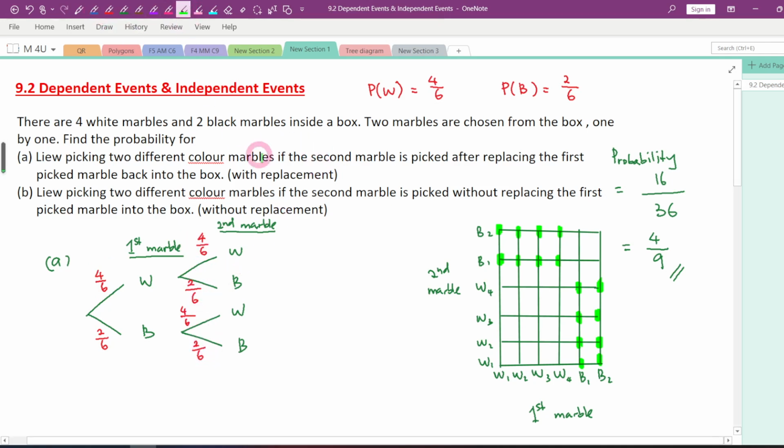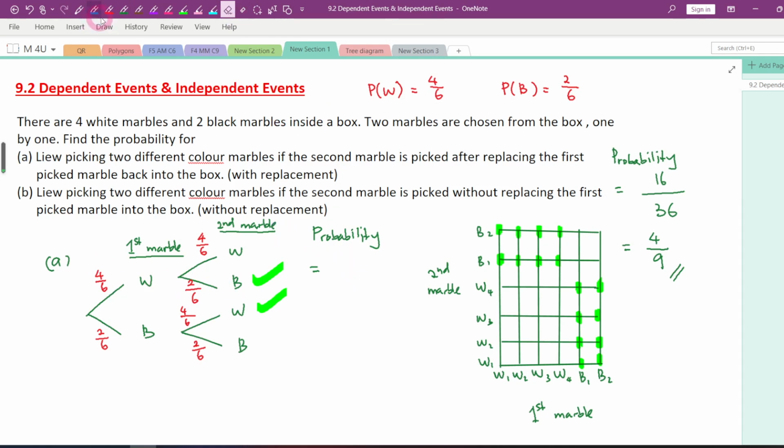Okay, now we are looking for different color, right? So it will be white, black, or black, white. So the probability of getting two different color marbles will be white, black, 4 over 6 times 2 over 6.